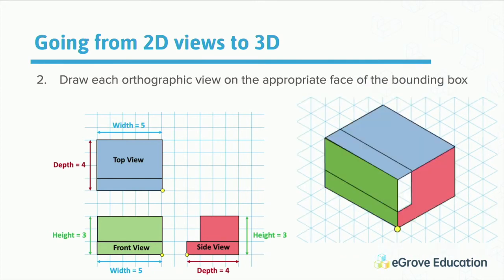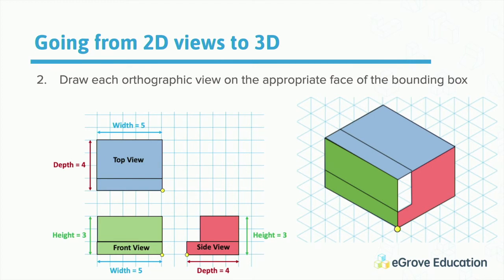Once we do that, we draw each of the views that we see from each side. We draw what the top view looks like, and it's shaded in blue. We can draw what the front view looks like, and what the side view looks like. That's on the bounding box.